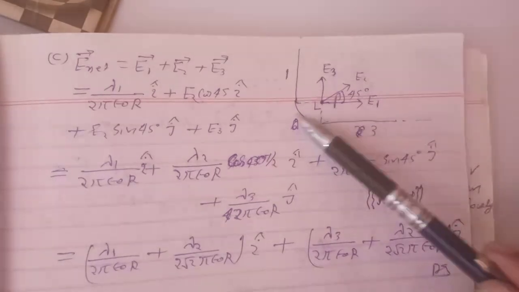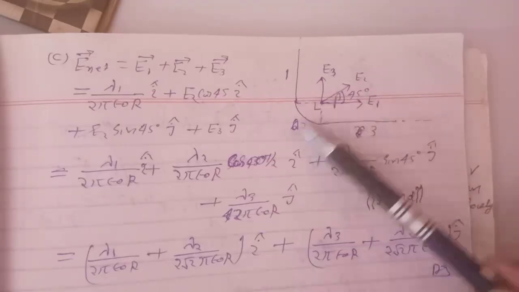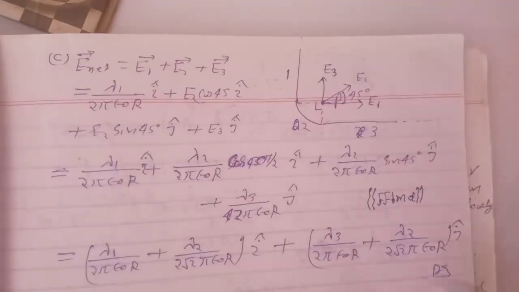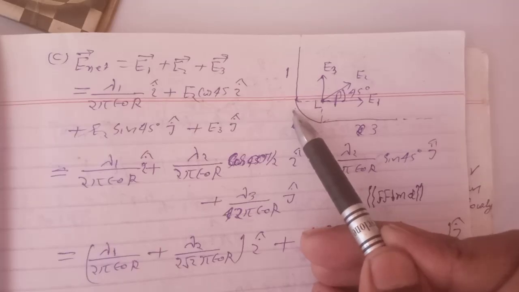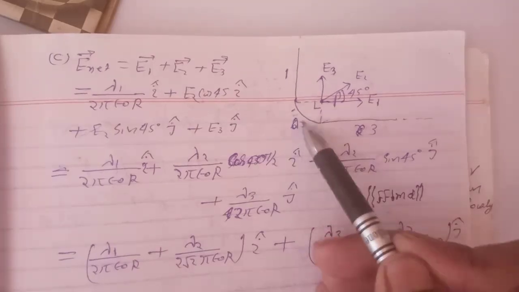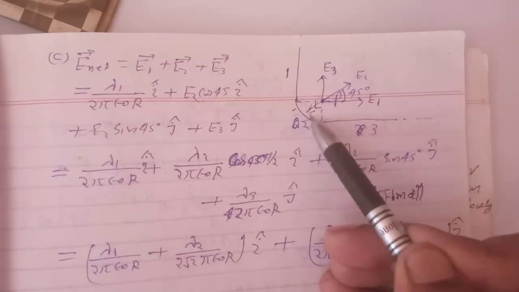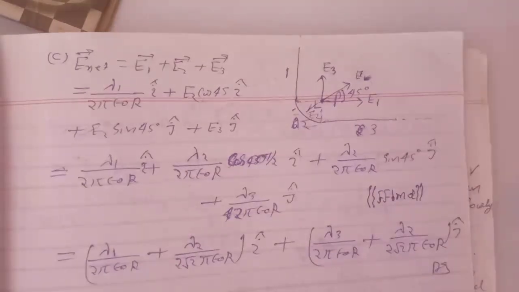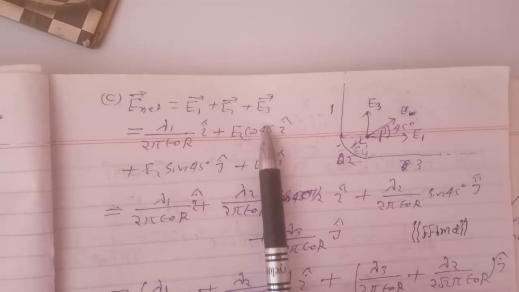If this is positive, then this will add. If this is negative, then it will cancel out E2. So first let us consider this is negative. Then this electric field E2 will be in this direction. So E net will be E1 plus E2 plus E3.